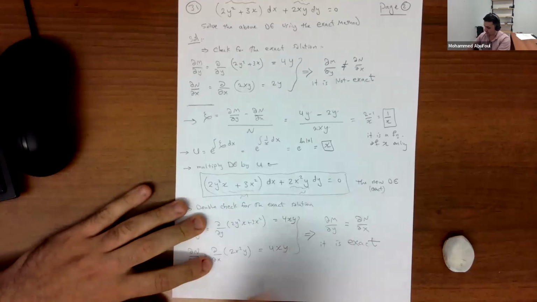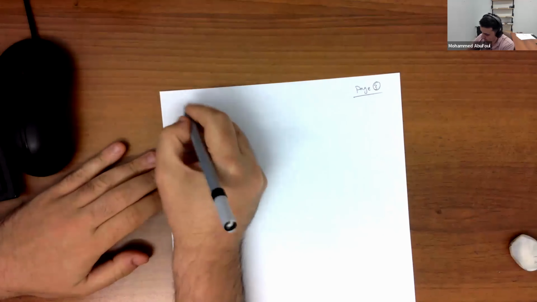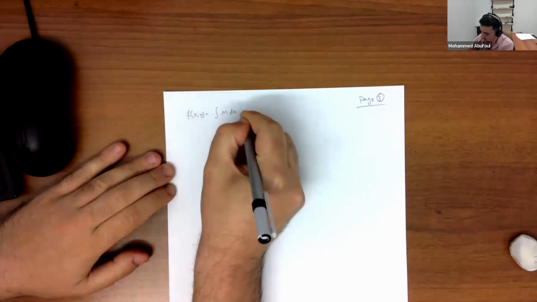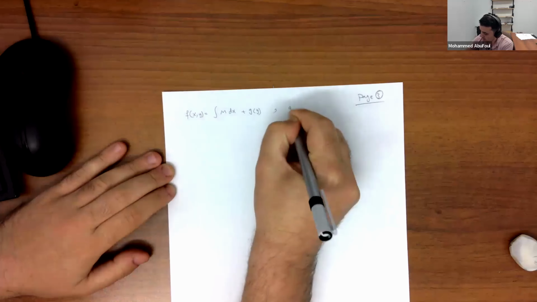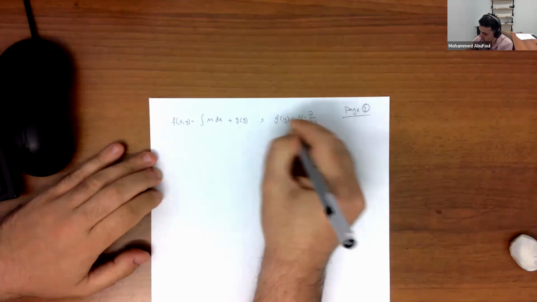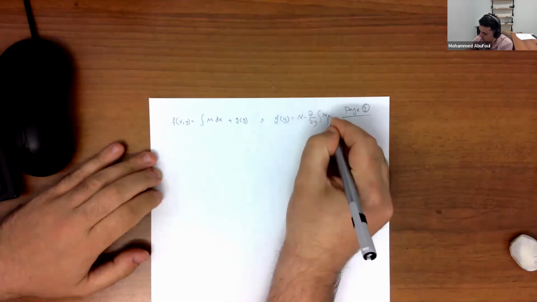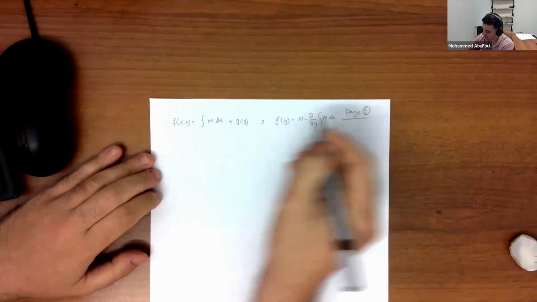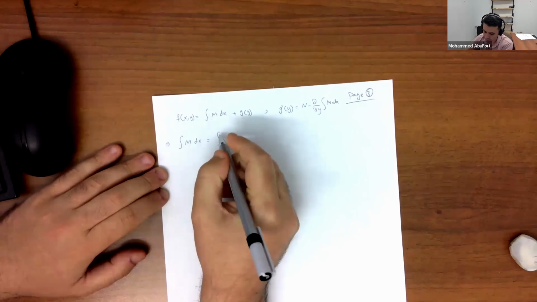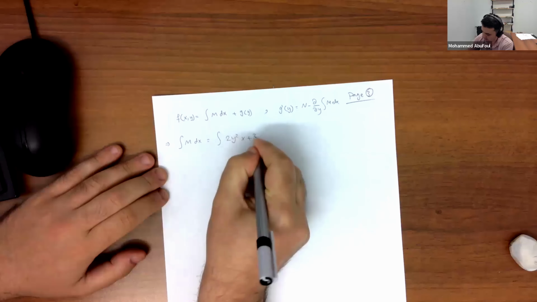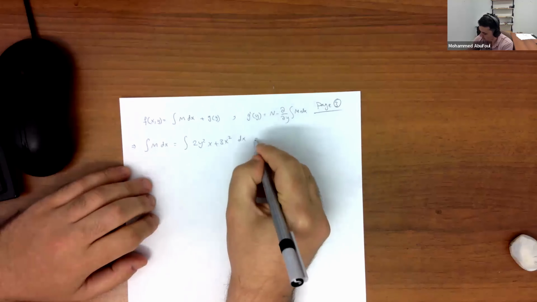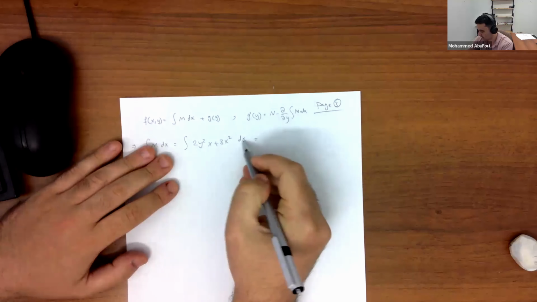Our solution will be psi(x,y) equals the integral of M dx plus g(y), and g prime y is equal to N minus the derivative over y of the integral of M dx, because we have y here. The first thing we need is the integral of M dx, which is the integral of 2y squared x plus 3x squared with respect to x.